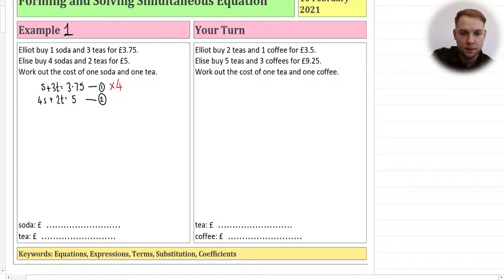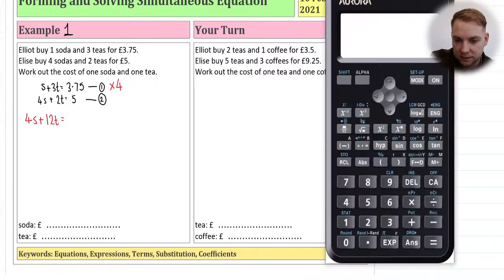Because if I times the top one by 4, I'm going to get 4s. So s times by 4 is 4s, plus 3t times by 4, which is 12t, which is equal to £3.75 times by 4.